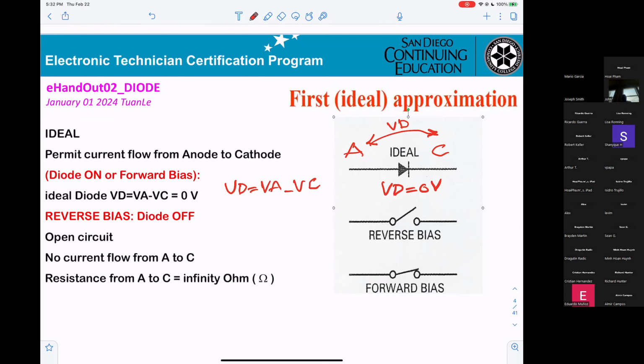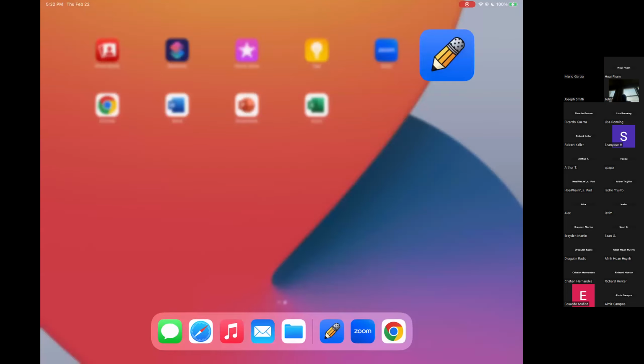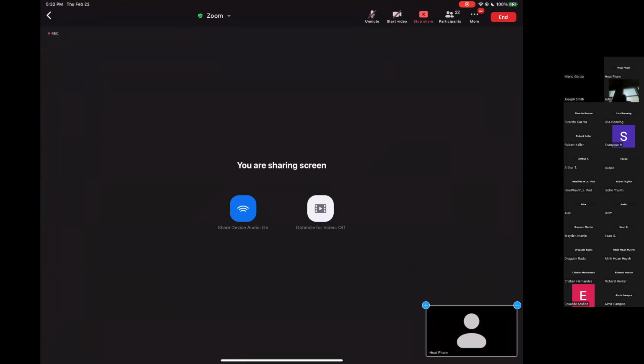Professor, you're getting a lot of feedback and echoing on your side. Yeah, really bad echo as well. Do you have both your computer and your iPad on, with the speaker on? Yeah, that's normal. Okay, let me see.